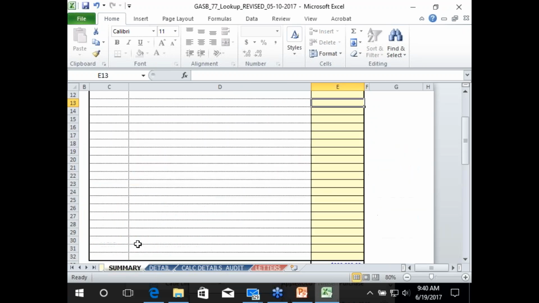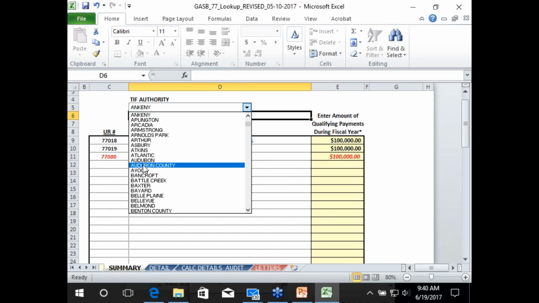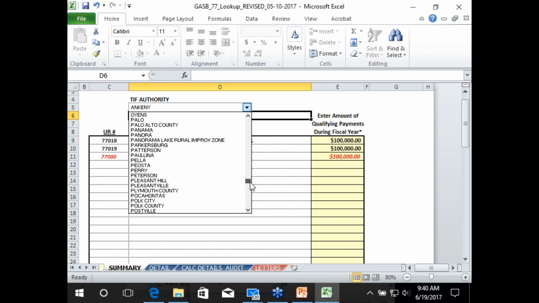Now, I want to go back to this first sheet. Let's say I'm Ankeny School District. So I want to find out how many other entities might have TIF that might impact me. So I'm going to go down and I'm going to find Polk County.